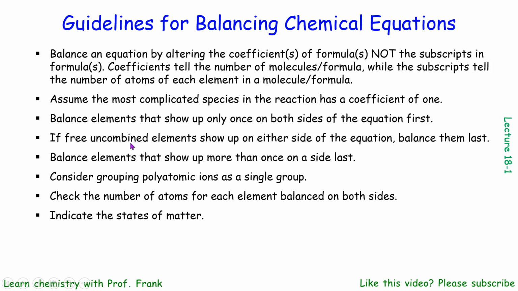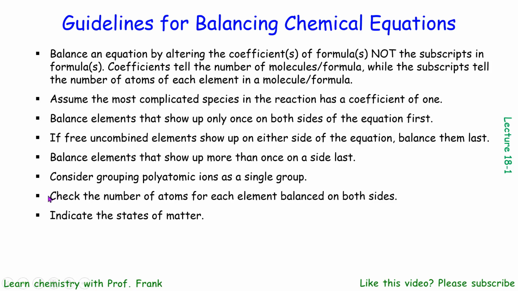Typically, oxygen molecules would fit this category. Also, you want to balance the elements that show up more than once on a side last. For polyatomic ions, you should consider them as a whole, as a single group. It's much easier to do that way.